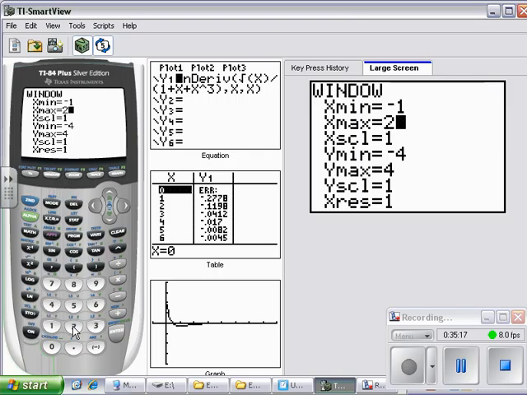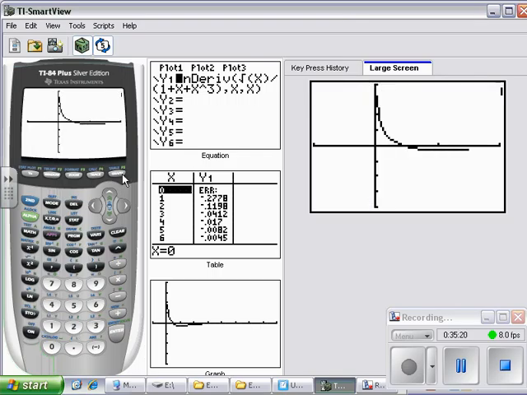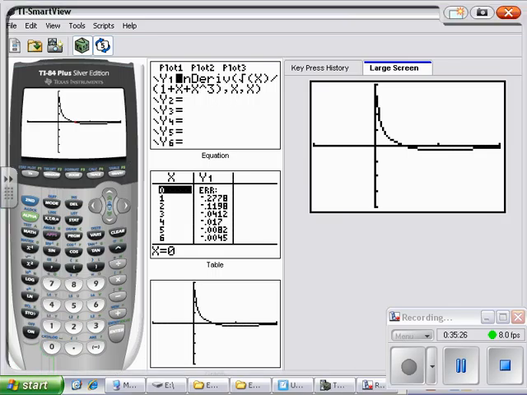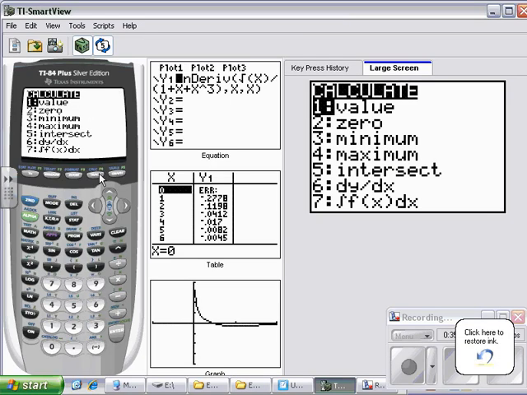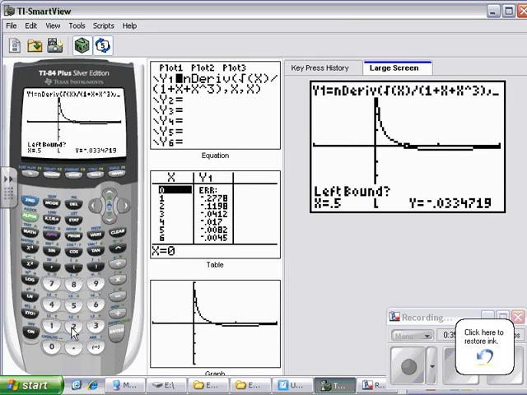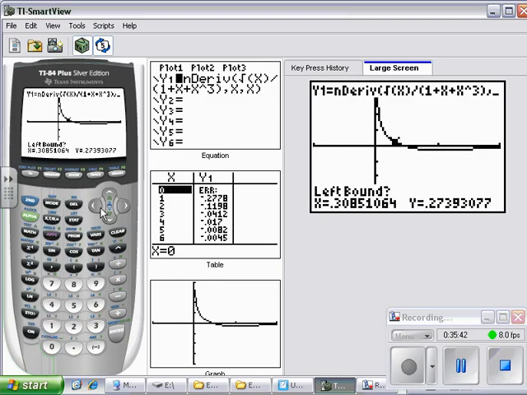But we'll try that. So this is the second derivative, and we want to see where it changes sign, which would be right here. So we just have to find that value. So we'll find the root of this. Second, calc, option 2. Left bound, it's positive.